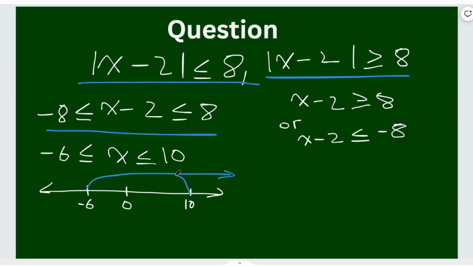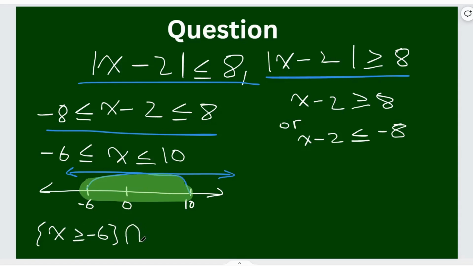Let's draw this better. As you can see, there's an intersection between these two results. And you can write this as x is greater or equal to negative 6, and intersect, because you're getting the intersection here, x is smaller or equal to positive 10.